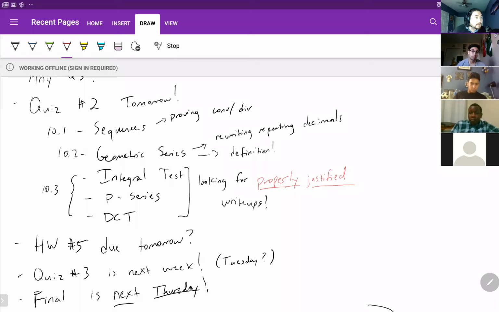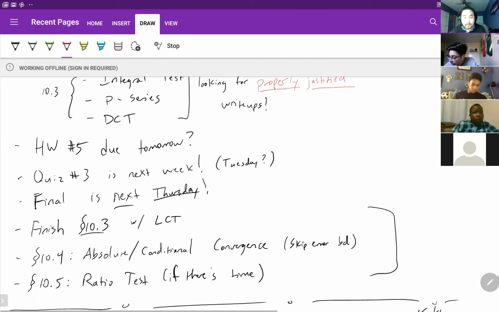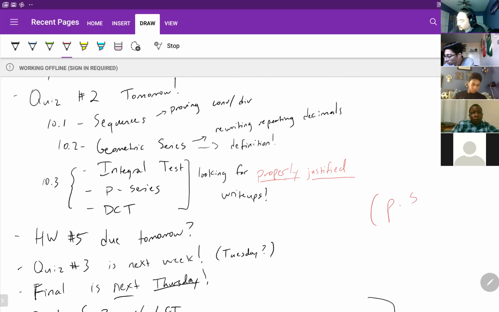There are some practice problems I would check out at the end of section 10.3, which is page 583. Check out page 583 for extra examples or practice, numbers 47 to 70.